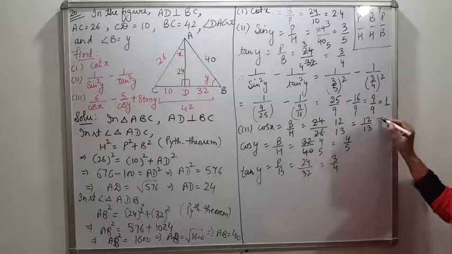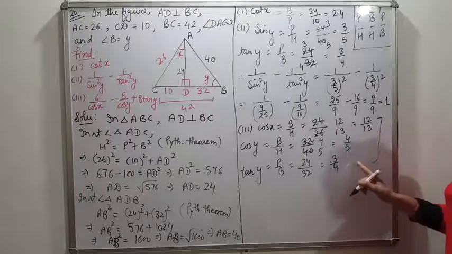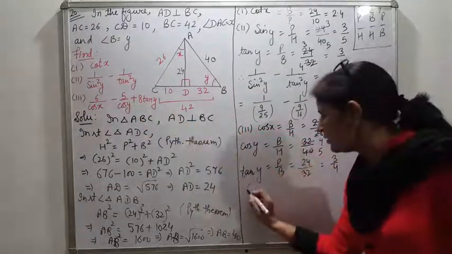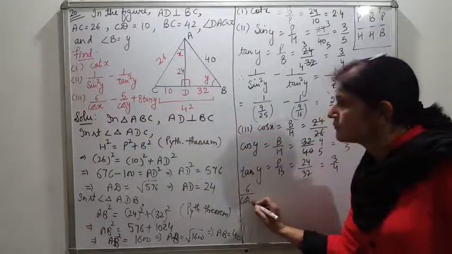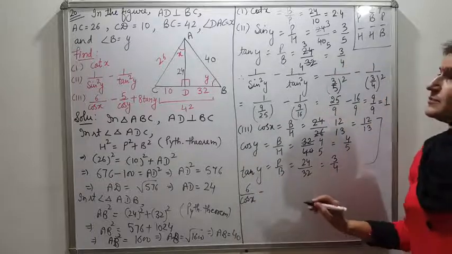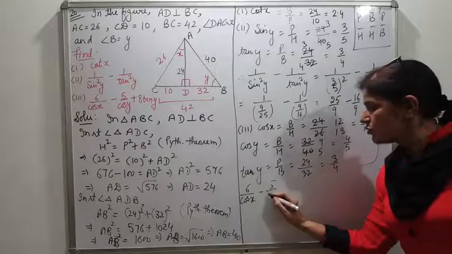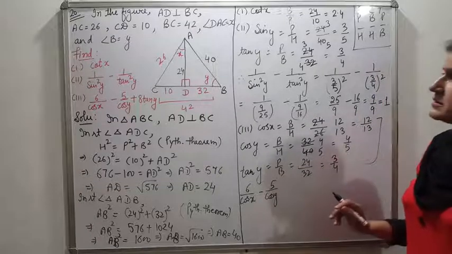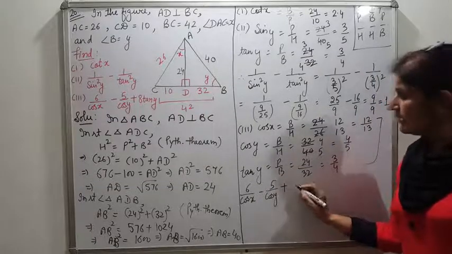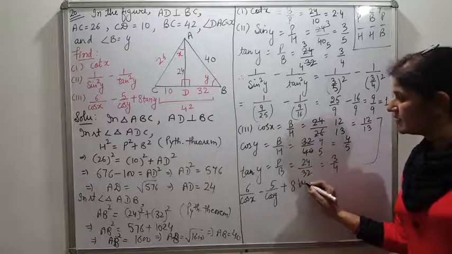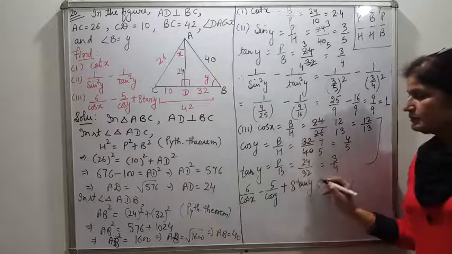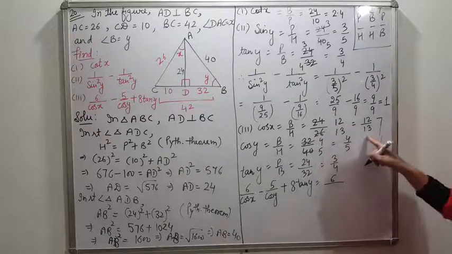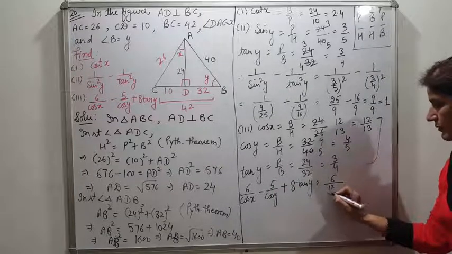So after finding these three values, we have to substitute these three values in this part. 6 upon cos x minus 5 upon cos y plus 8 tangent y. 6 upon cos x, 6 upon 12 over 13.